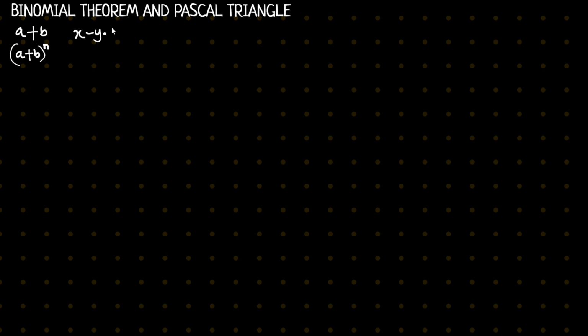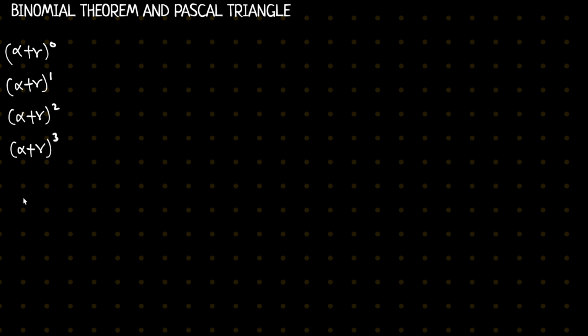Okay, so let's say you're trying to expand the following expressions. Let's say you're trying to expand alpha plus gamma to the power of 0, alpha plus gamma to the power of 1, to the power of 2, to the power of 3, 4, and to the power of 5.